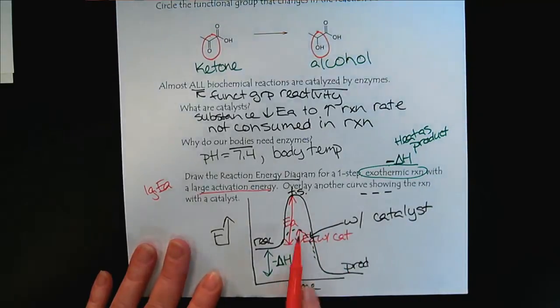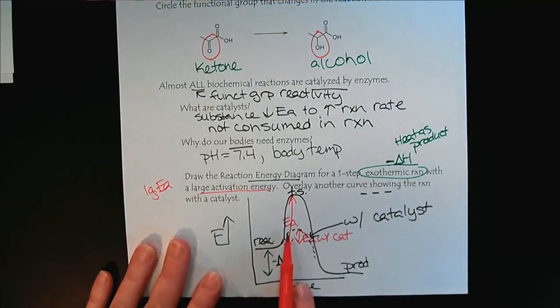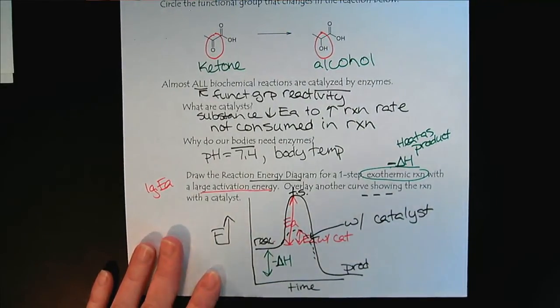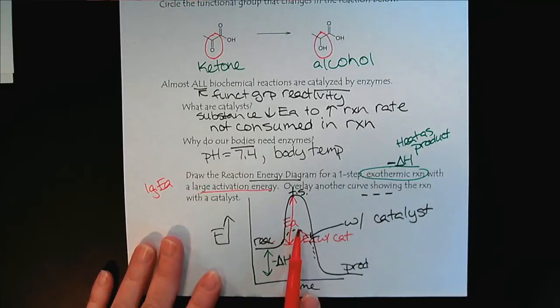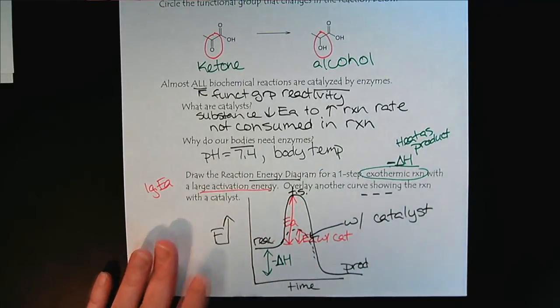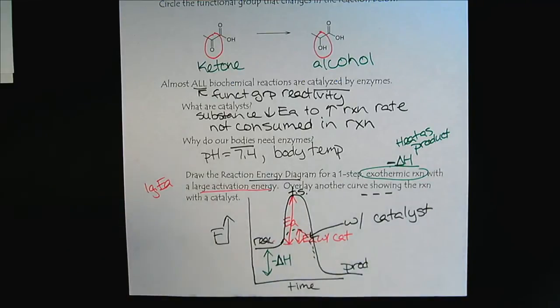And so this reaction can happen much faster because we have a much smaller hill to climb. If you had to run to the top of this hill, you could do it much faster than you could run to the top of this big hill. Alrighty, so we want to be keeping all of these concepts in mind as we think about the reactions. So we'll go to the next page.